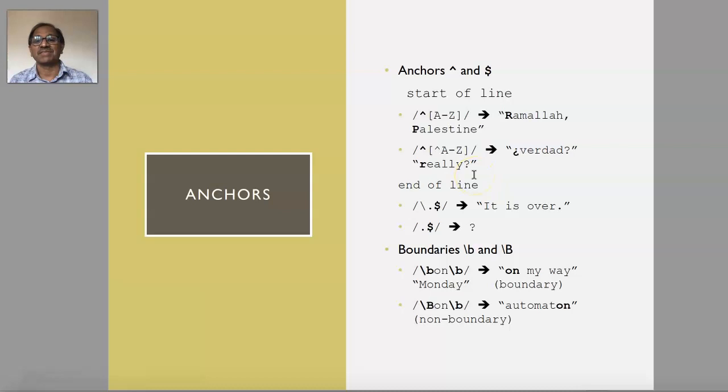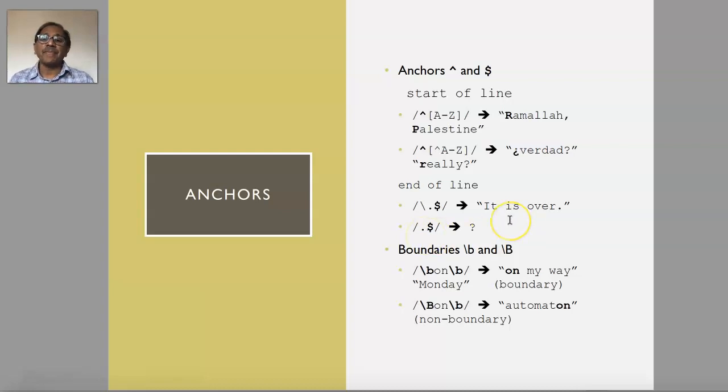Similarly, when you use dollar sign, it means end of line. So when I say slash period and dollar, it means the period is at the end of the line. There is nothing which follows the period. Or if I put period and dollar sign, it matches with nothing at the end. Right? You have a question mark which can match with that.